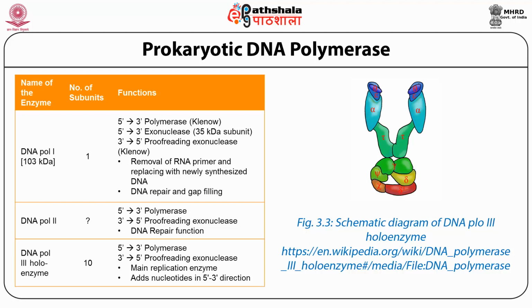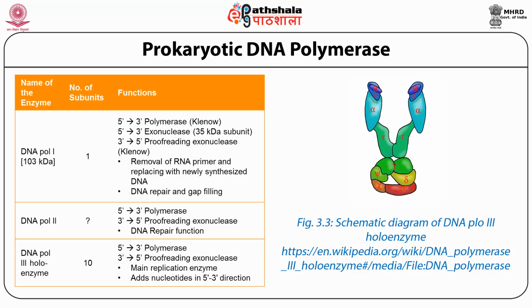The large fragment, known as the Klenow fragment, has 5' to 3' polymerase and 3' to 5' proofreading exonuclease activity. The smaller subunit has only 5' to 3' exonuclease activity, which helps in removal of the RNA primer post synthesis.